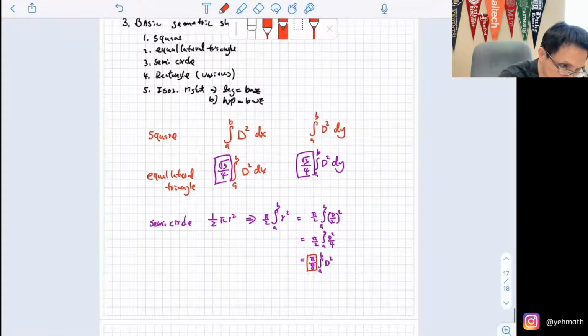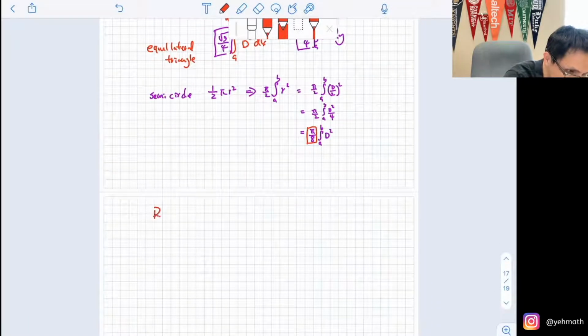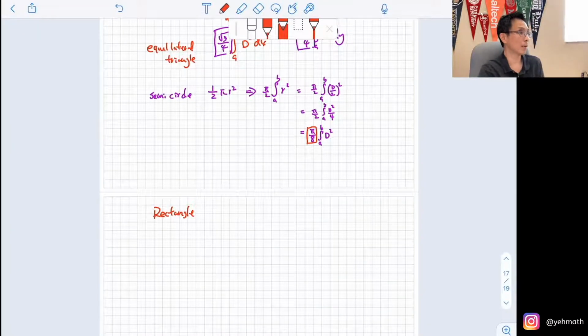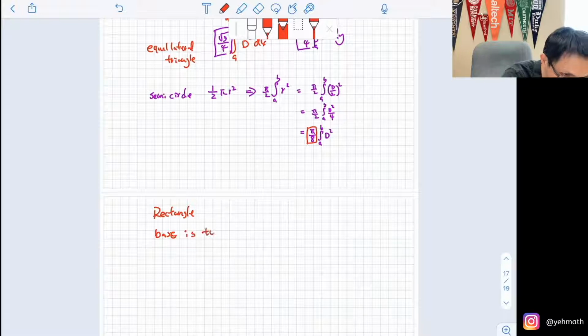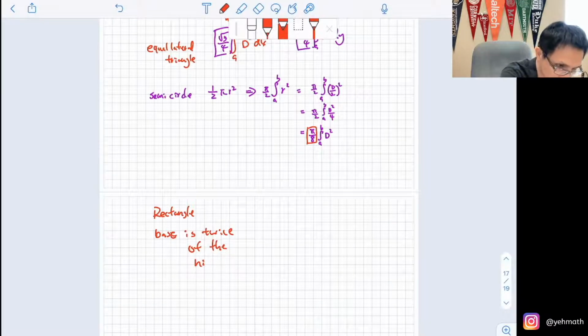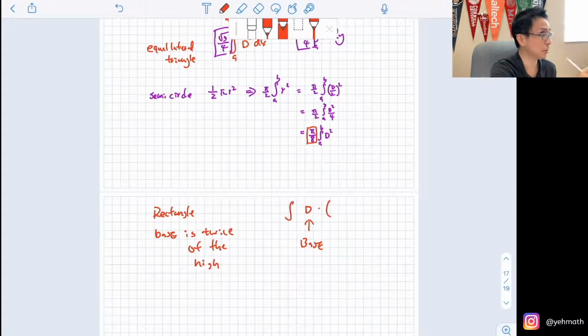What's the next shape? Rectangle. Rectangle varies because they can decide the rectangle with different dimensions. Sometimes I use the dimension where the base is twice the height. If I use this particular one, then d is the base. Not d times 2. No. Pay attention to the questions.